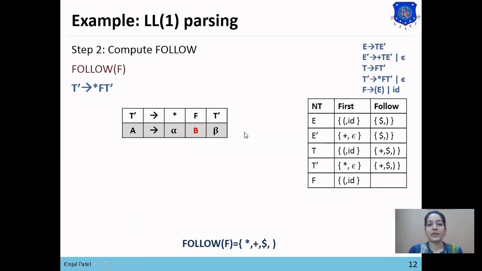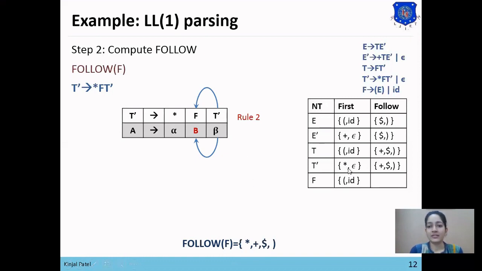So we will apply rule number 2, which says that if the symbol following F is a non-terminal, then first of T dash will be added in follow of F. So first of T dash is star and null. So we will add only the star symbol to follow of F, and as star has been already added in follow of F, no more symbol will be added in follow of F.